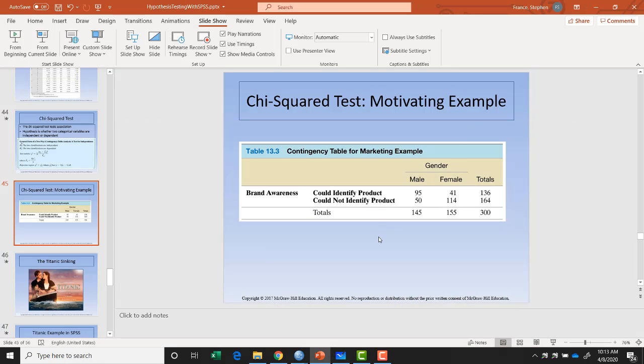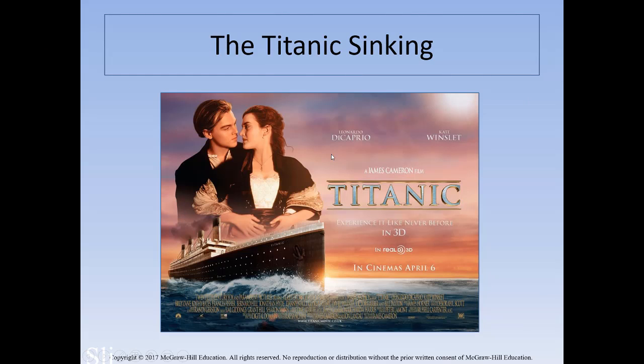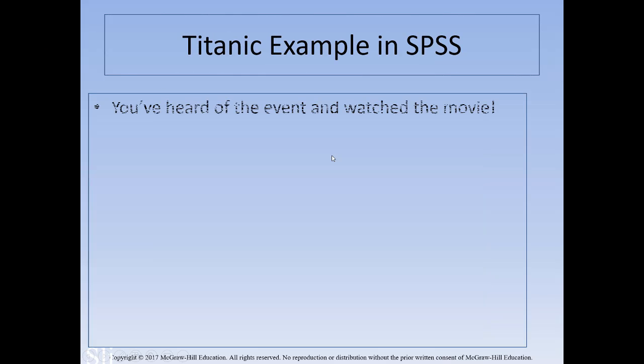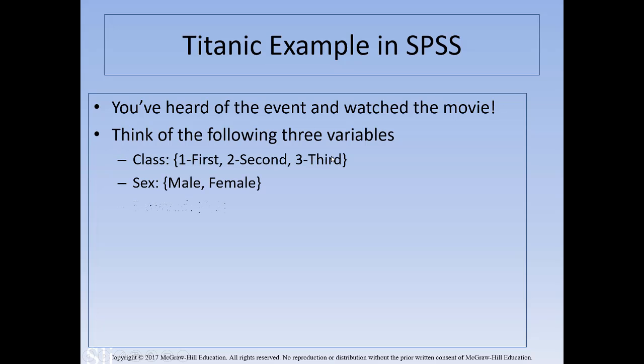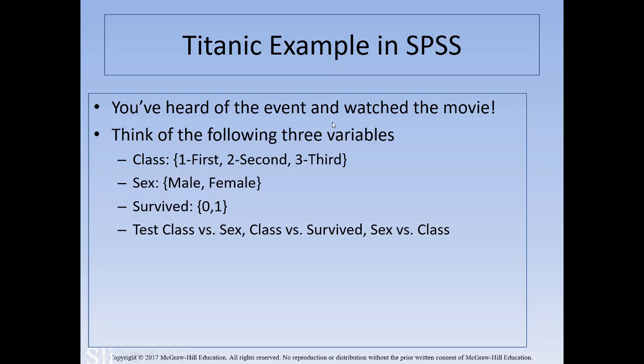Okay, so let's put that back. I've got a little data example for you. It's a fun little example. I think you all know the story of the Titanic that sank. I've got a data set that has the actual passenger log, with information on these people and whether or not they survived. And as with any of the statistical tests, we're assuming a random sample.